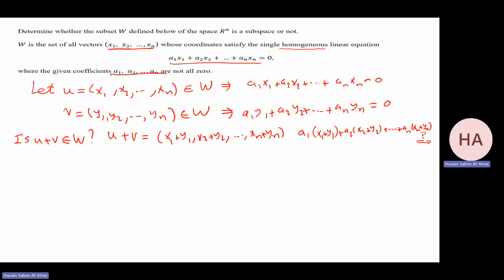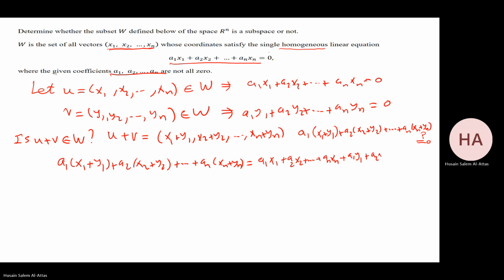So we'll start with this one. I have a1 x1 plus y1 plus a2 x2 plus y2 up to an xn plus yn. I can rewrite it. I can write the x's in one group, a1 x1 plus a2 x2 plus an xn, and then write the things with the y's.